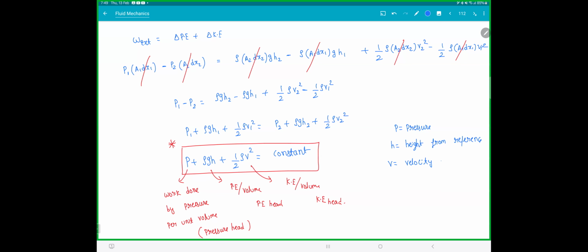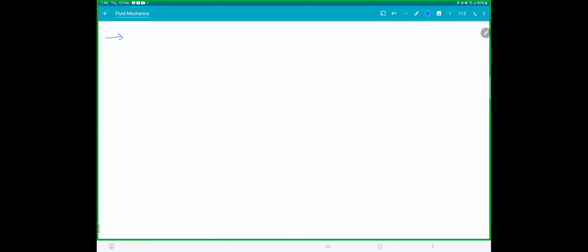If they ask you when is this applicable between which 2 points, Bernoulli's equation is valid for 2 points on a streamline. You can't actually apply anywhere to anywhere.